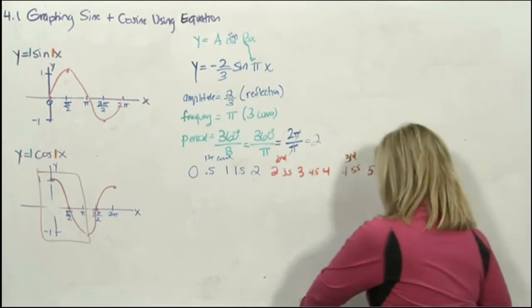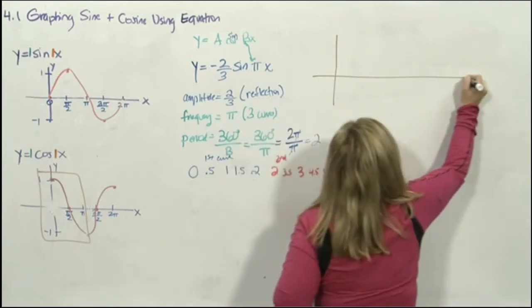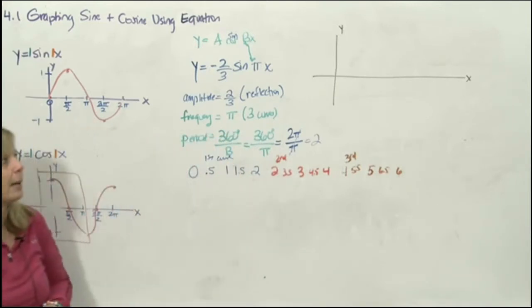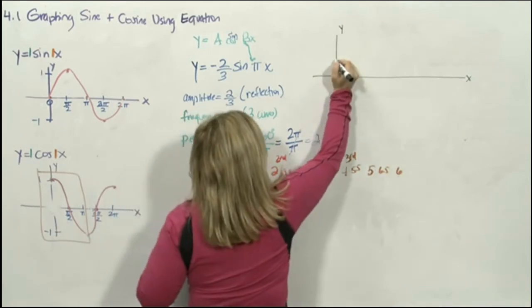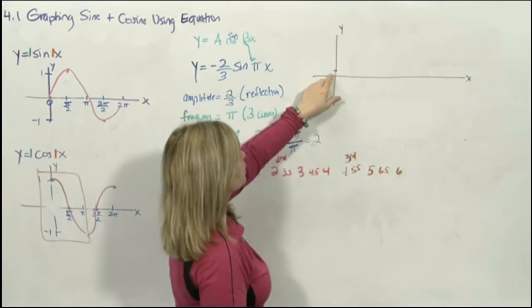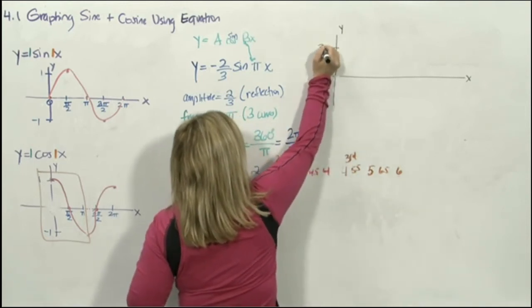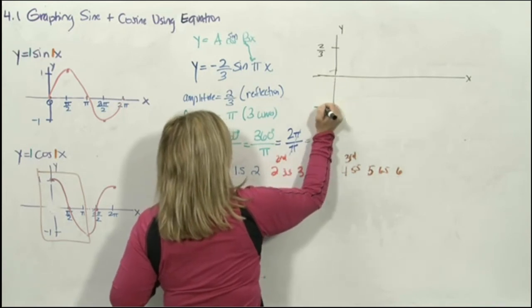So let me get out my marker. Which piece of information labels the y-axis? The amplitude. So my amplitude is only going up to 2/3. So everybody look at me. Don't mark the first line as 1 and smush it. I don't care how many lines you skip, mark one of these lines 2/3 and be symmetrical, then mark the line down here as -2/3.